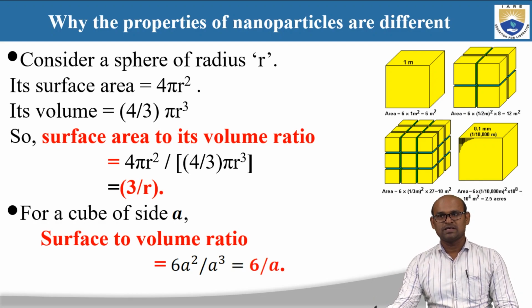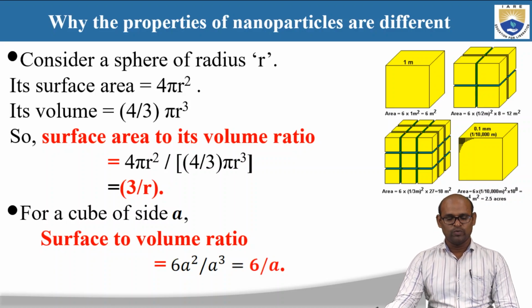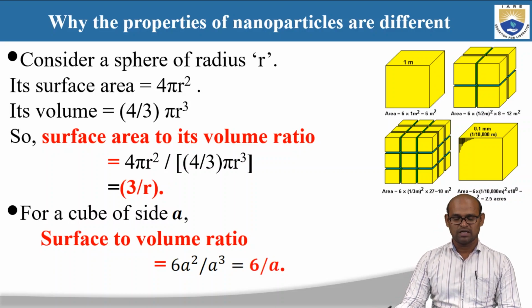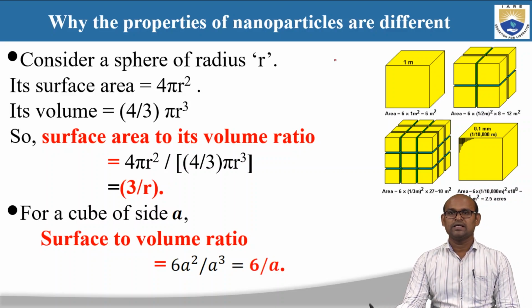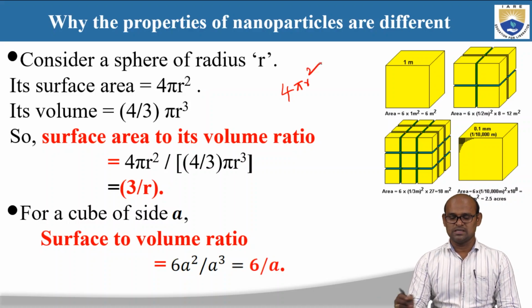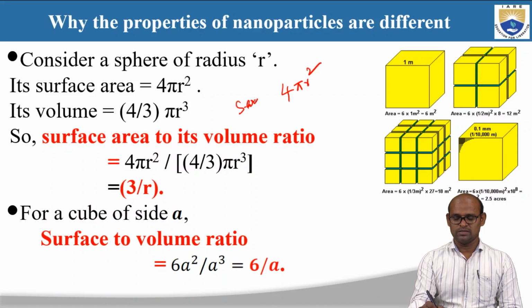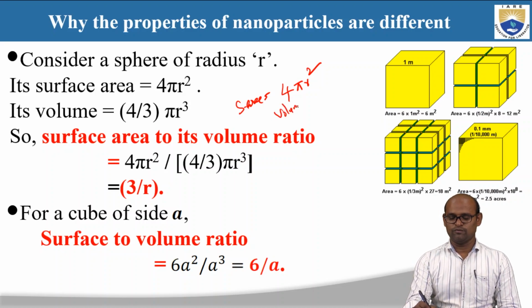To understand why the surface to volume ratio increases for nanomaterials, we are taking two examples. First, consider a sphere of radius r. For a sphere, the surface area is 4 pi r square, and the volume of the sphere is 4 by 3 pi r cube.